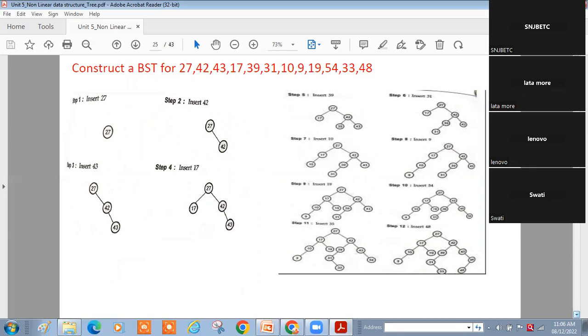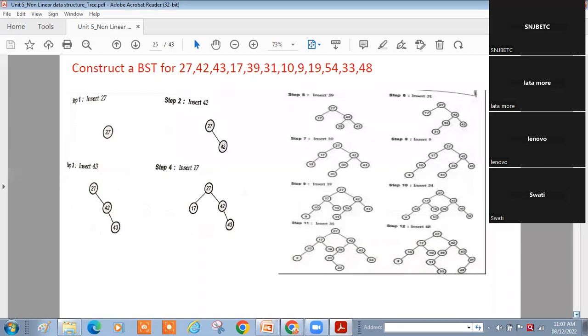In your exam, this can be asked for 8 marks. You have to start from the first element. Now observe very carefully and I will explain it to you. The elements are given as 27, 42, 43, 17, 39, 31, 10, 9, 19, 54, 33, 42. I have to start from each and every element.